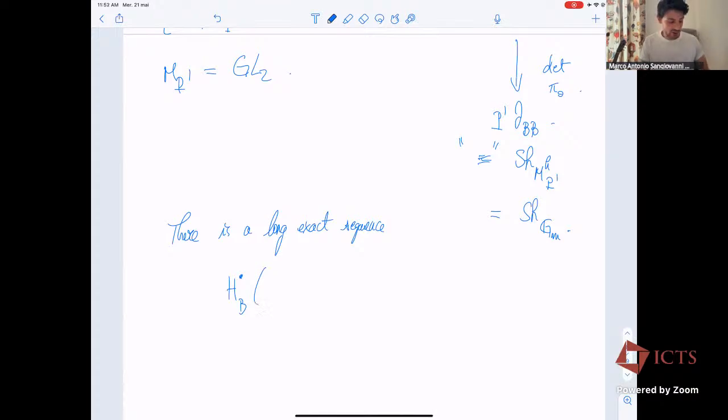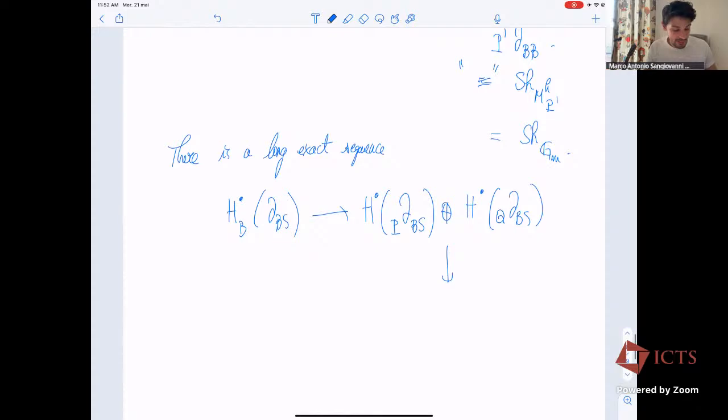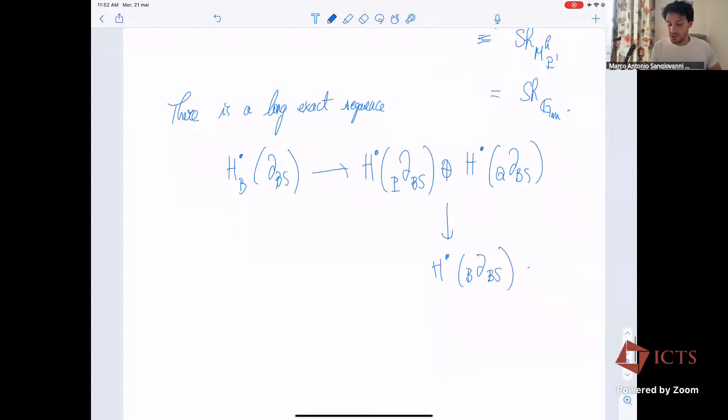Here you have the cohomology of the full boundary, composed of all the components, mapping to the ones with respect to P plus the one with respect to Q. So these are the maximal parabolics mapping to the minimal one, the Borel one. With this exact sequence, you can study the cohomology of the full boundary.